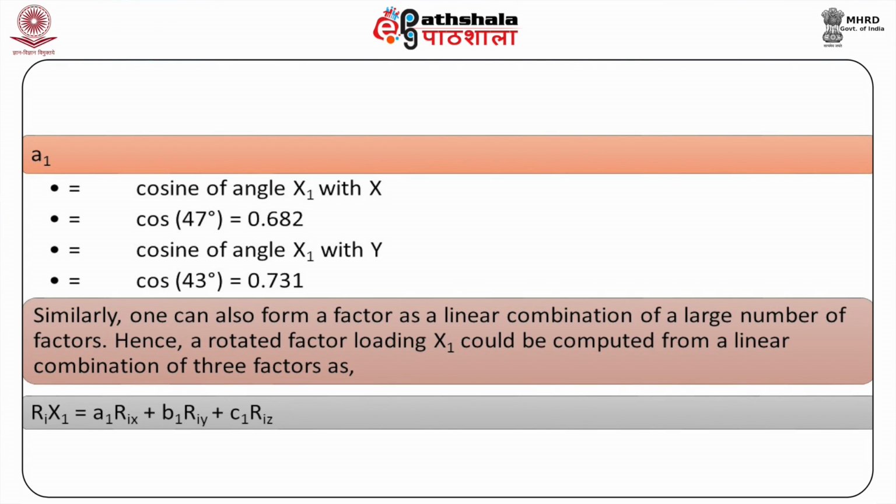Similarly, one can also form a factor as a linear combination of a large number of factors. Hence, a rotated factor loading x1 could be computed from a linear combination of three factors as Rix1 is equal to A1 Rix plus B1 Riy plus C1 Riz.